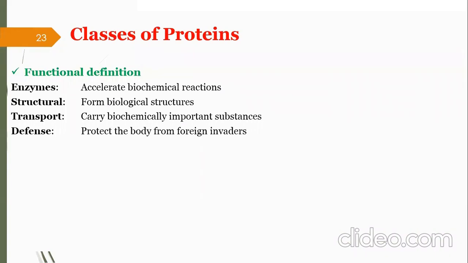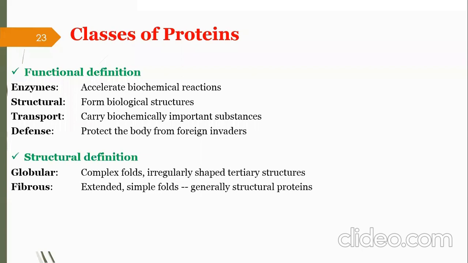They accelerate biochemical reactions. Structural, some proteins are structural proteins, and they form biological structures. Some work in transport. They carry biochemically important substances. Some are in the defense mechanisms. They protect the body from the foreign invaders. So these are the classes of proteins that we can classify based on the function.